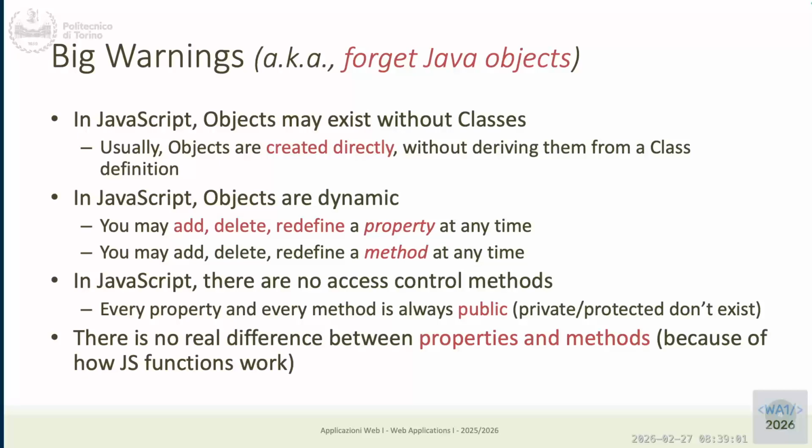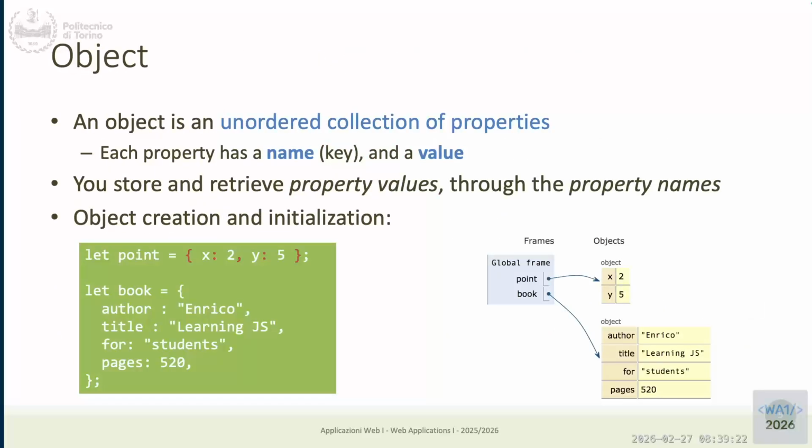Every property is public, and it means that we don't need a getter or setter for object attributes and so on. So it's much, much simpler. On one hand, this creates more compact code. On the other hand, of course, it puts more responsibility onto the programmer, as always in JavaScript.